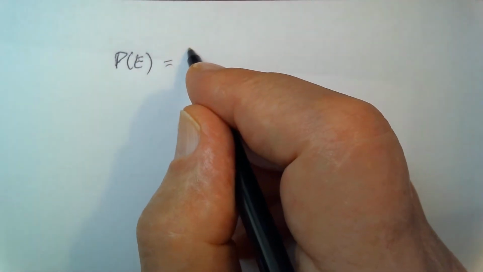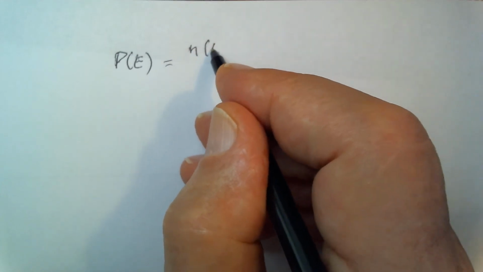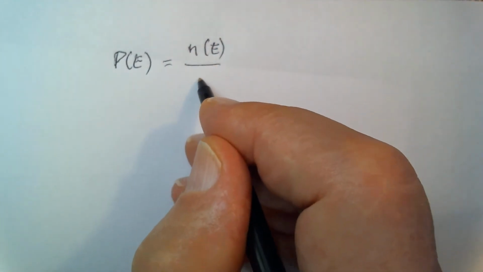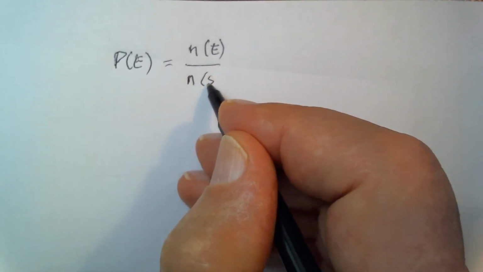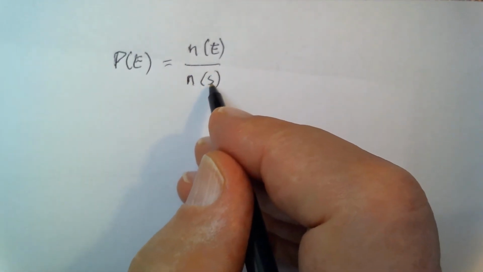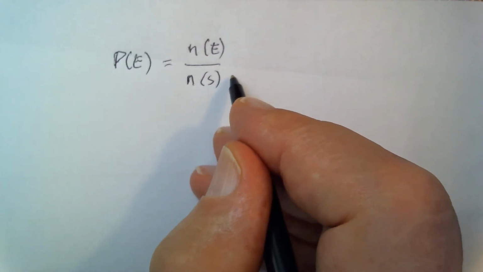We begin with the fact that we know the probability of an event E is equal to the number of favorable events for E divided by the total number of outcomes.